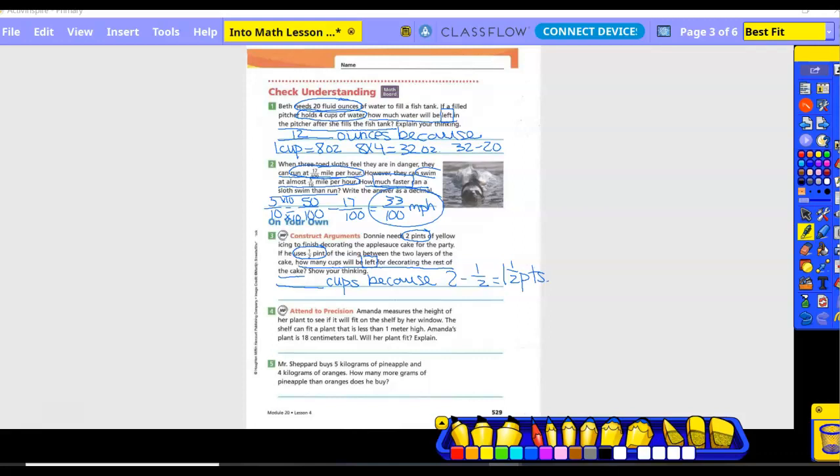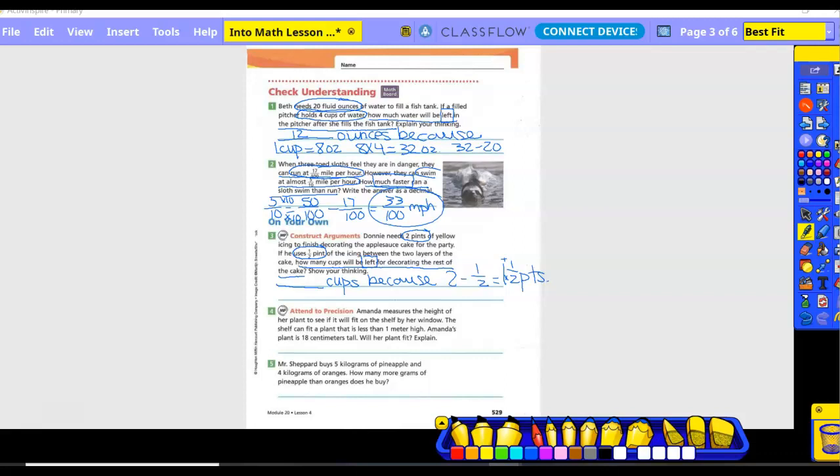So now I have a fraction and I need cups. So what can I do here? What can I make that mixed number into? I can make it into an improper fraction. So I'm going to do a little multiplication, a little plus sign. So 2 times 1 is what?